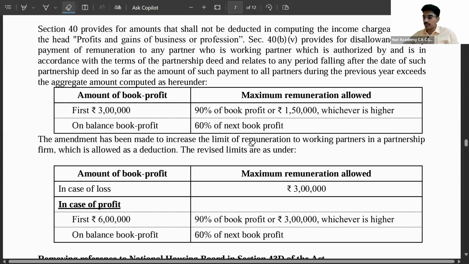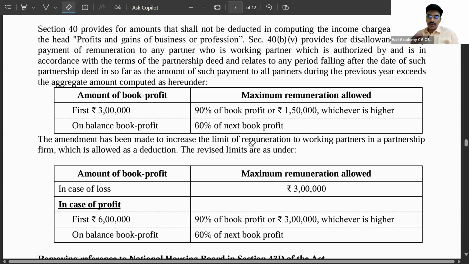On the balance book profit, you were allowed to take 60% of the net profit as remuneration. This 40B limit is for all the partners put together as a whole, not for a single partner. Between you people, you can decide however you want to split that.